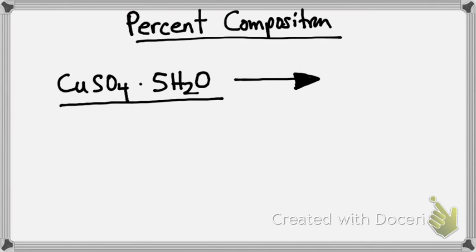So when I look at the 5H2O molecules, that mass is 90.0764, because we're talking grams per mole.